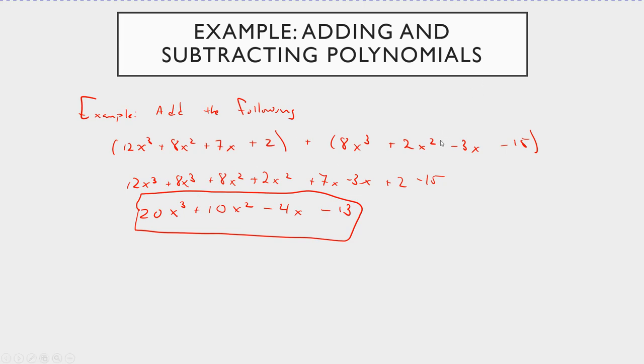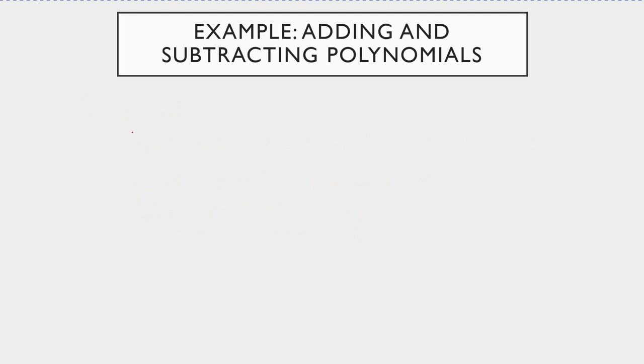This time we'll do subtraction. Let's subtract the following. Let's take 2x squared minus 8x plus 7, and subtract away 4x squared minus 12x plus 5.